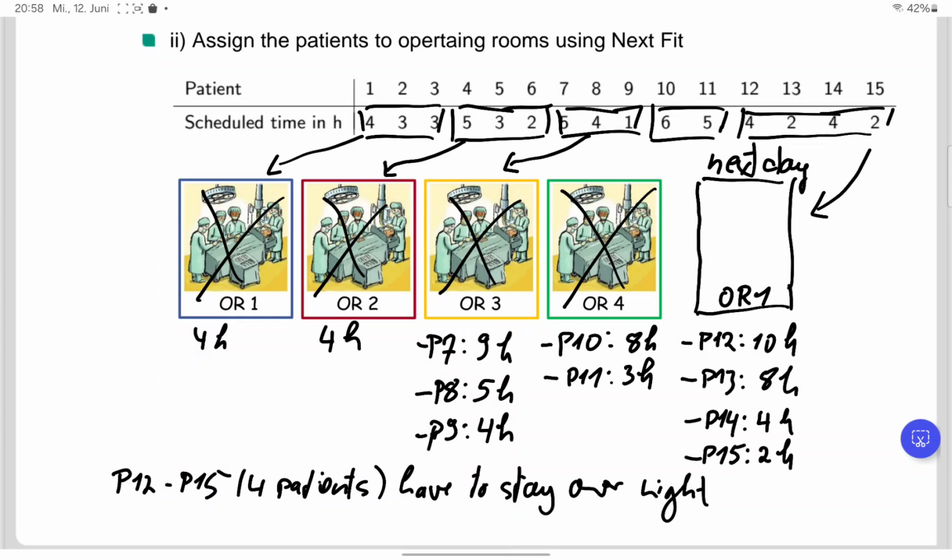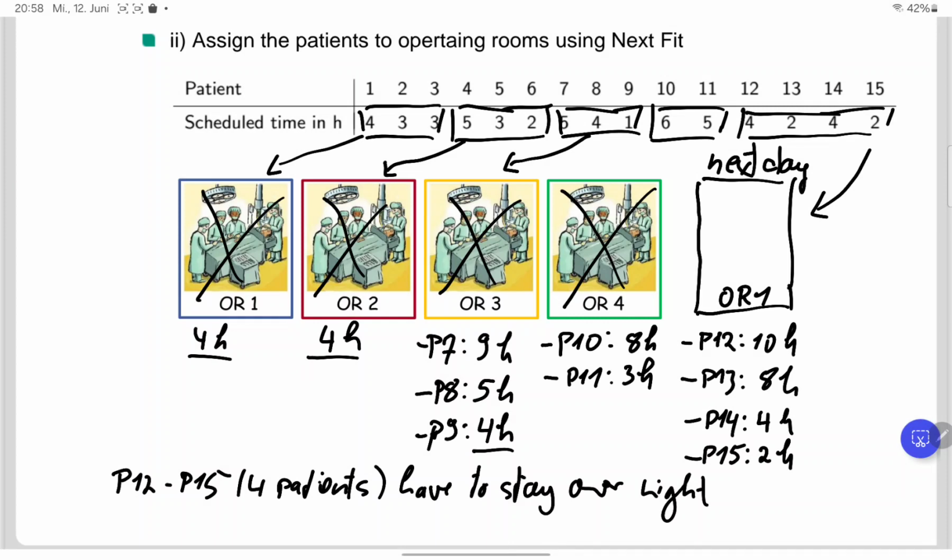And you can see here that you have 5 operating rooms, and with each of them you still have some idle times. So you are not using operating room 1 for 4 hours on the first day, 4 hours operating room 2 is idling.